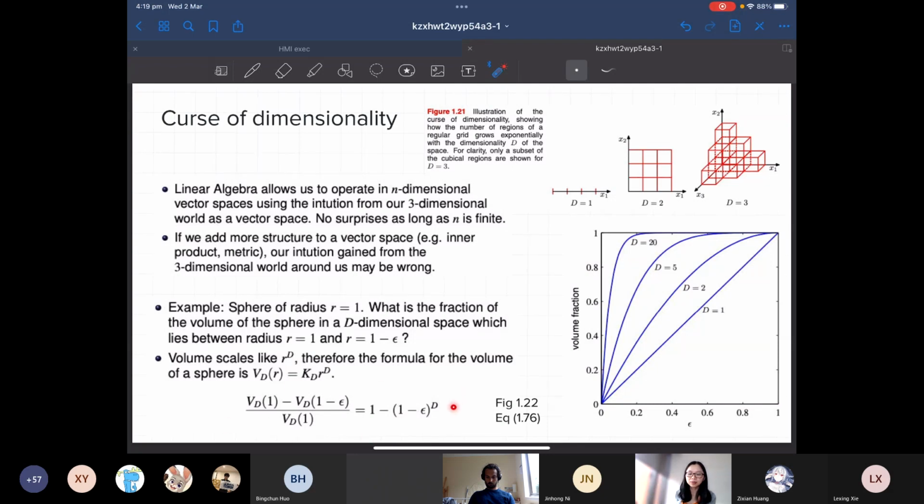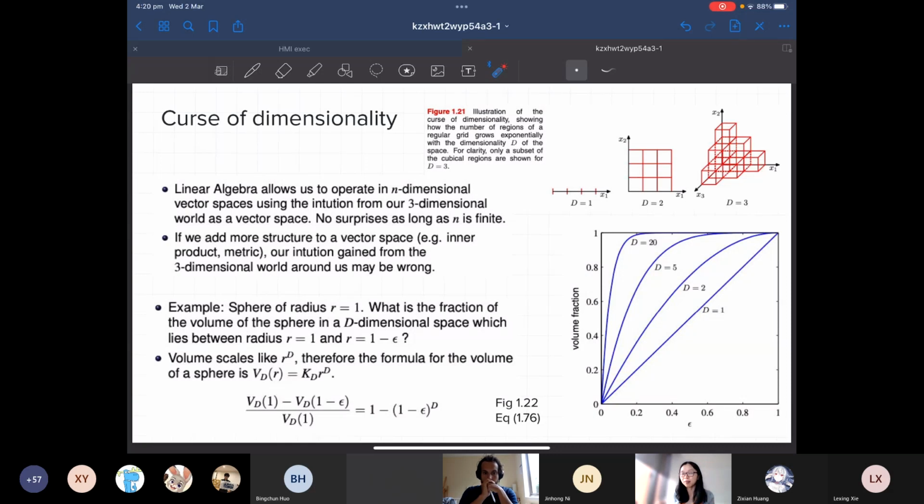To do this, we apply the formula of the volume of spheres and plot it out, right? So for d equals 20, about 90% of the volume is concentrated in less than 0.1 distance from the surface of the shell.